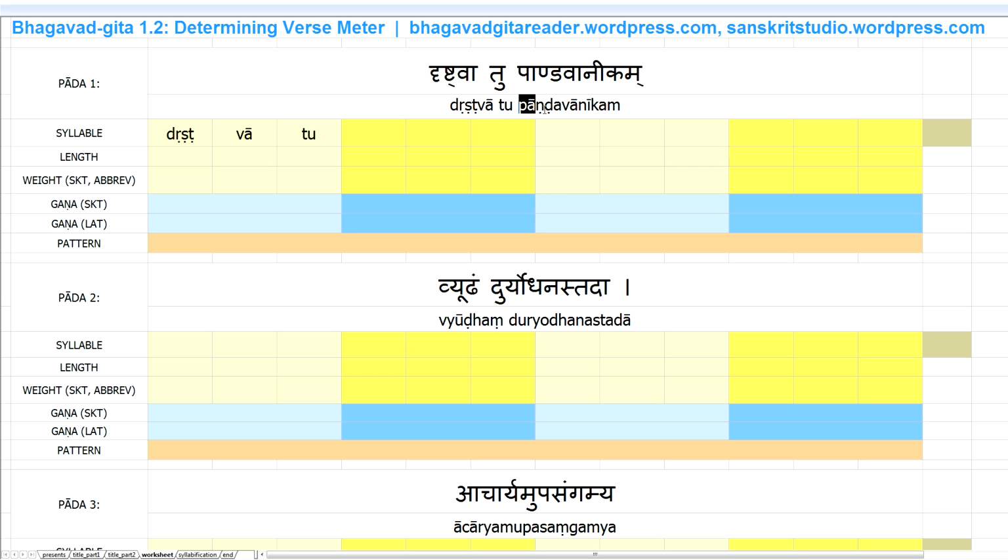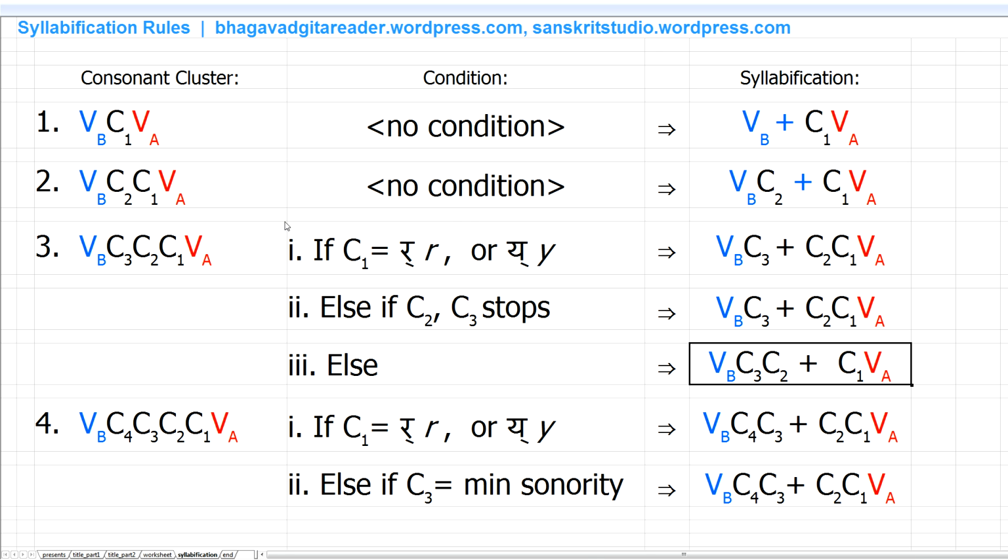Now in the next case we have pa here as the beginning, but we see that it's followed by 2 consonants in a row here, and what happens then? Well, our 2 consonant cluster rule is that C1 goes to the right and C2 goes to the left.